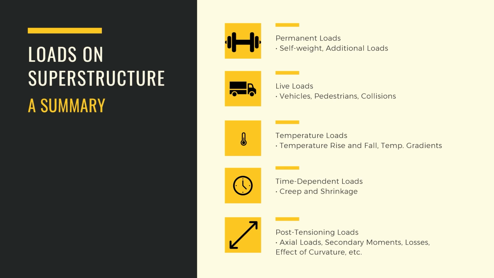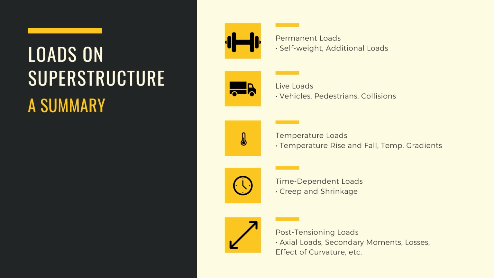Now, I'd just like to run down different loadings that you have to consider when designing the bridge. First would be the permanent loads, next the live loads, the temperature loads, the time-dependent loads such as creep and shrinkage, which are very important for PSC box girder bridges as these directly affect the stress in the post-tensioning steel.